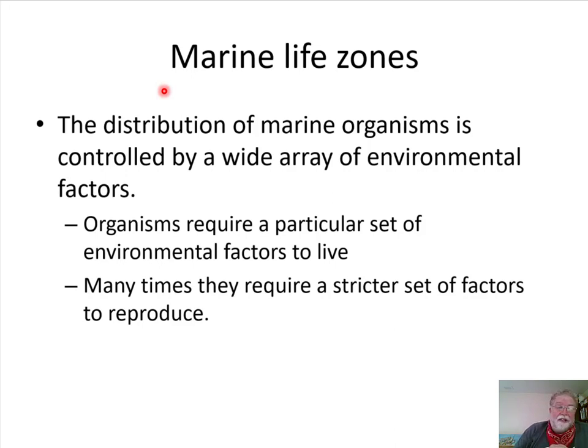The other thing to keep in mind is that while there might be a set of conditions under which an organism might live, you're probably going to have another and stricter set of conditions for them to reproduce, right? And this is, of course, the bane of zookeepers everywhere. We all know what it takes to keep a whatever alive. We don't always know what it takes to get them to breed. Rabbits, not a problem, right? You got a boy rabbit, you got a girl rabbit, you got a rabbit farm.